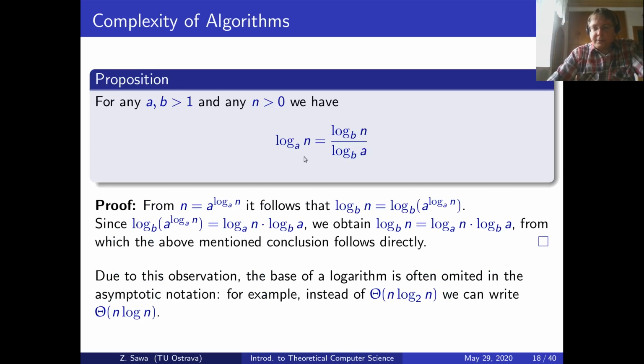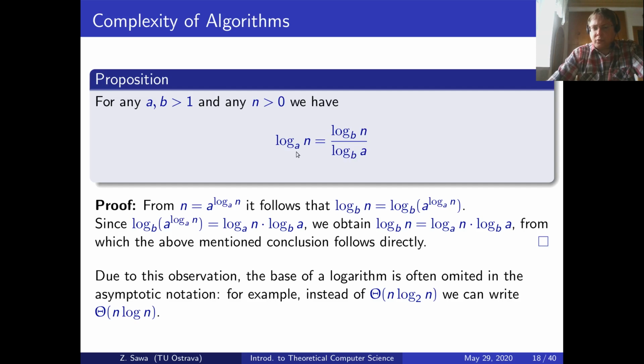It's not difficult to show that if I want to compute the logarithm of n with base a, and I am able, for example, to compute logarithms with base b, then this logarithm could be computed as the logarithm of n with base b divided by the logarithm of a with base b.